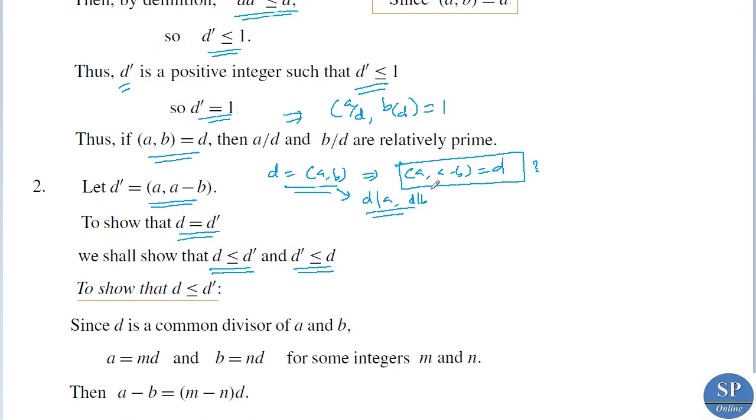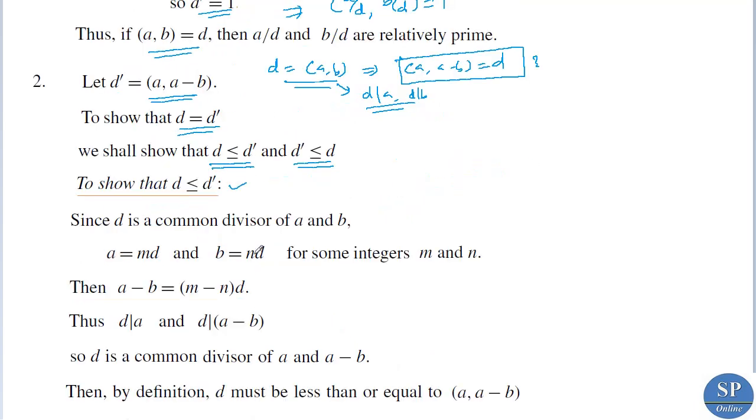First we show that D is less than or equal to D dash. Now, since D is equal to the GCD of A comma B, D is a common divisor of both A and B. Therefore, we have A can be written as A. This is actually from this.